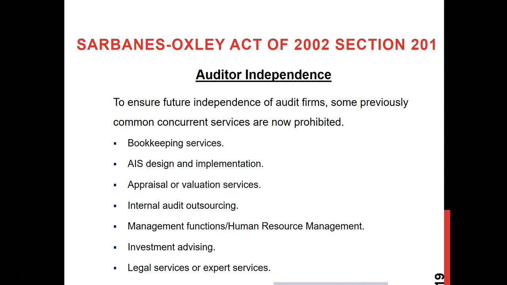Certain services that could previously have been provided to an audit client are now prohibited, and these are bookkeeping service or AIS design and implementation, appraisal or valuation service, internal audit outsourcing, any HR related functions, investment advising, legal service, or any expert service. Before 2002 these were allowed, but now SOX Section 201 prohibits these types of services.